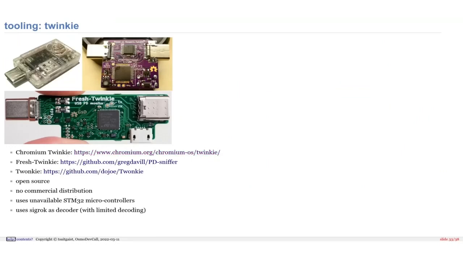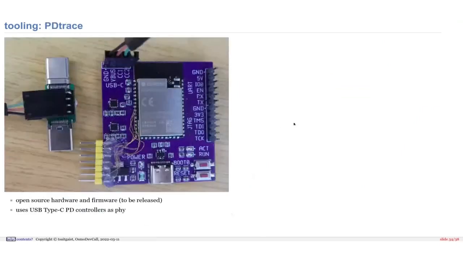The problem with them is that there's no commercial distribution, and if you want to build one yourself, it uses an STM32 microcontroller, which, because of the chip shortage, is not available anymore. This is why I created my own device, which is called Power Delivery Trace. Like I created SIM Trace in the beginning, now I'm creating Power Delivery Trace. No commercial distribution just means no one sells it in a store.